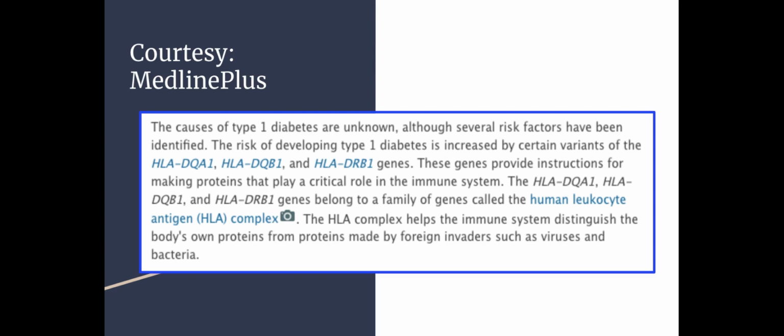If HLA is responsible for distinguishing between self and other, and there's an issue with that, then that explains why our immune system, quote unquote, attacked the beta cell. Because it misidentified the beta cell as foreign and eliminated it, right?